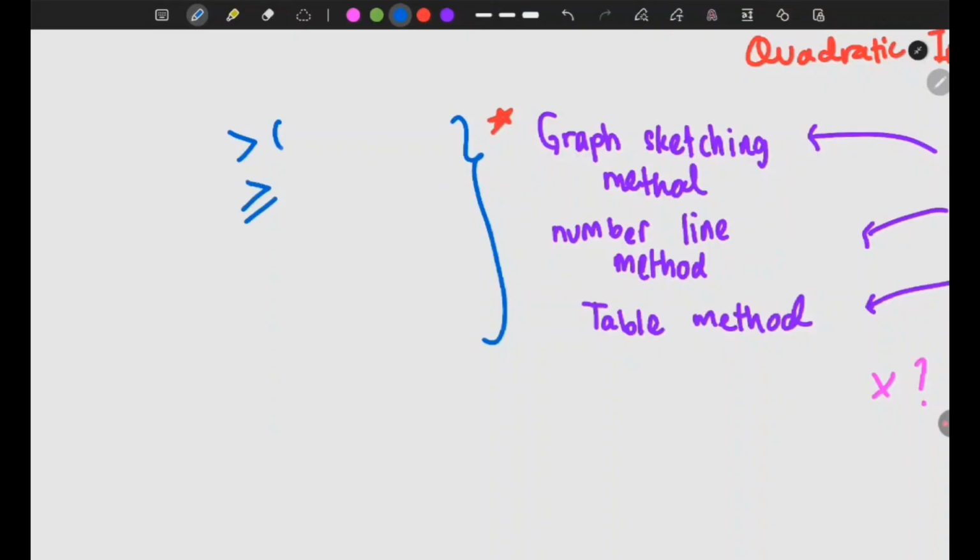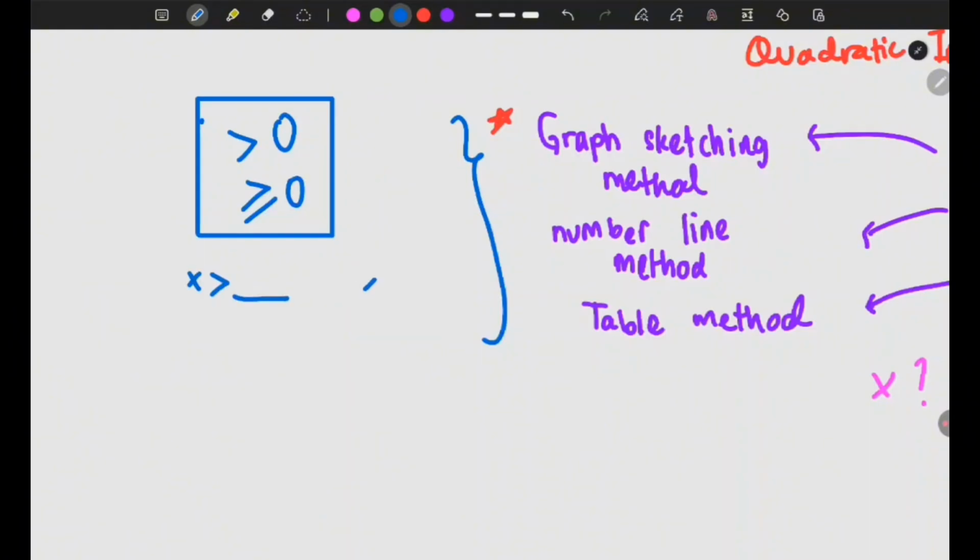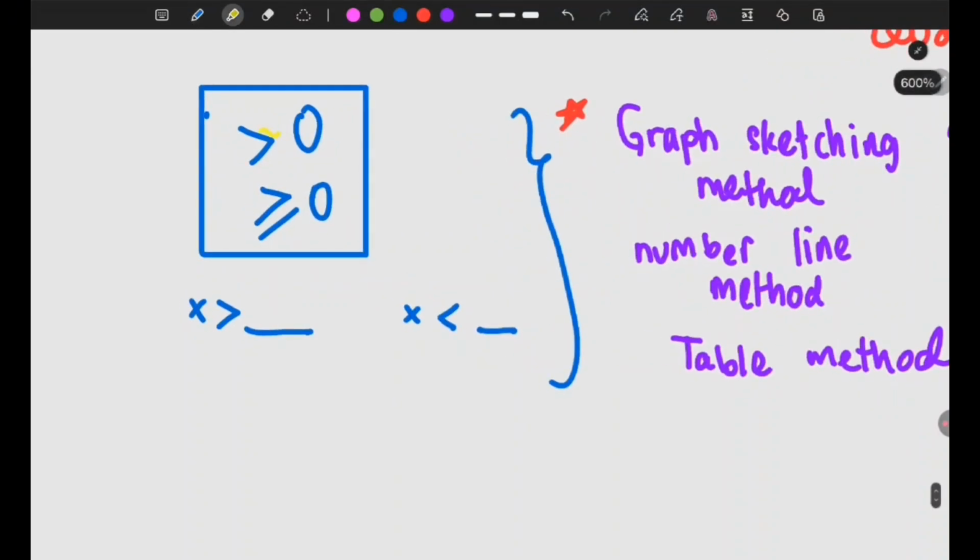Okay, and then if this is the sign that you see in the equation, and your x value is more than something and x is less than something, remember, if it's this one, then it's just this. Follow the sign that the question gives you. If they give a sign with the equal, then you should add the equal here.